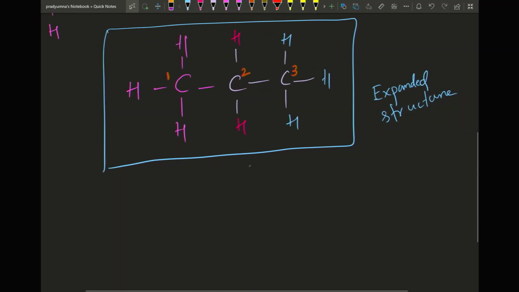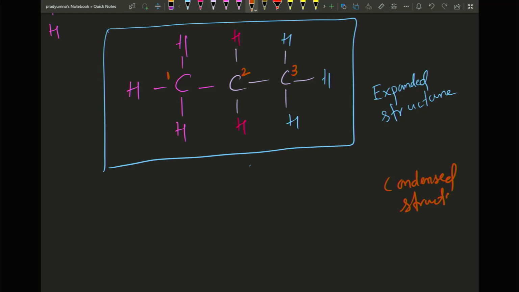Now we're gonna write the condensed structure. There are 3 different ways you can write this. Practice with expanded, then we're gonna slowly move into condensed structures. Let's look at the first carbon atom. The first carbon atom on the left, how many hydrogens does it have? 1, 2, 3 hydrogens.